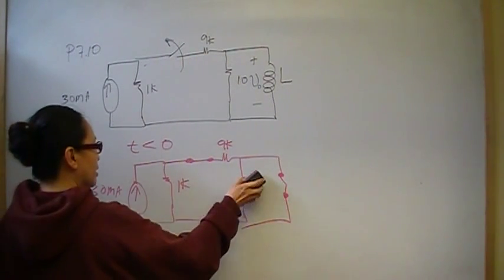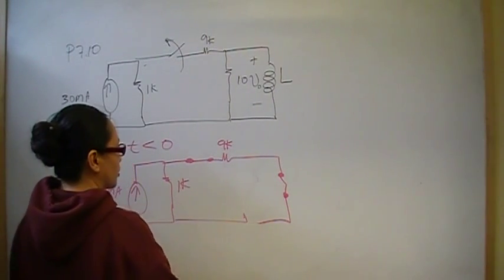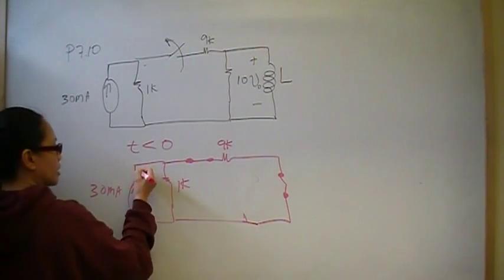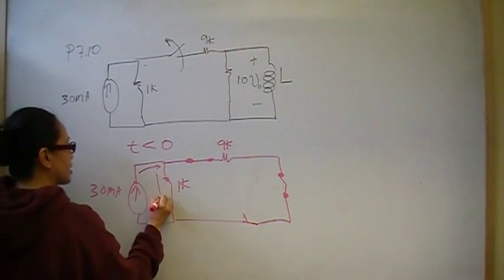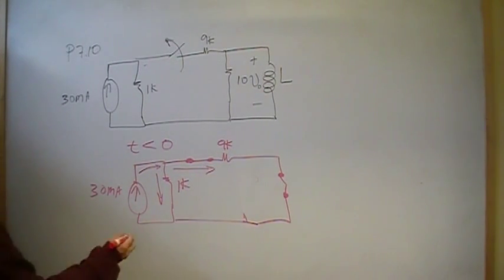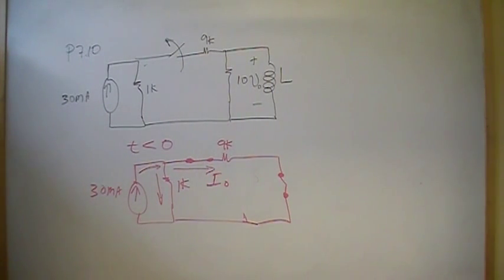Since it's behaving like a short circuit, it's shorted out that 10 ohm resistor. So we have this 30 milliamp going in here, and it's going to split like that, and what we want is the initial current through the inductor.